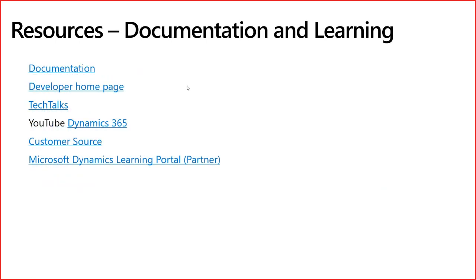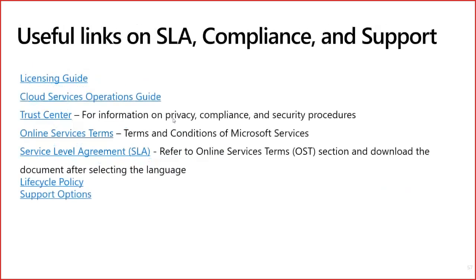Then you have the links for documentation and other tools for e-learning. For example, the doc site, the Tech Talks page, the YouTube channel, and the customer and partner source for additional e-learning training materials. And finally, you have useful links related to documents. Very important, for example, you have here the licensing guide, a very important document.